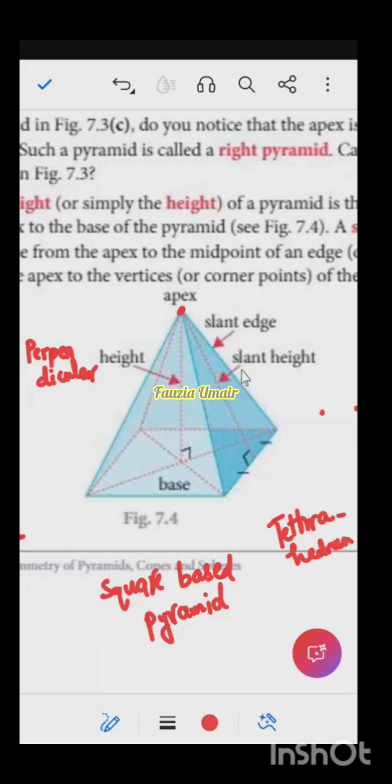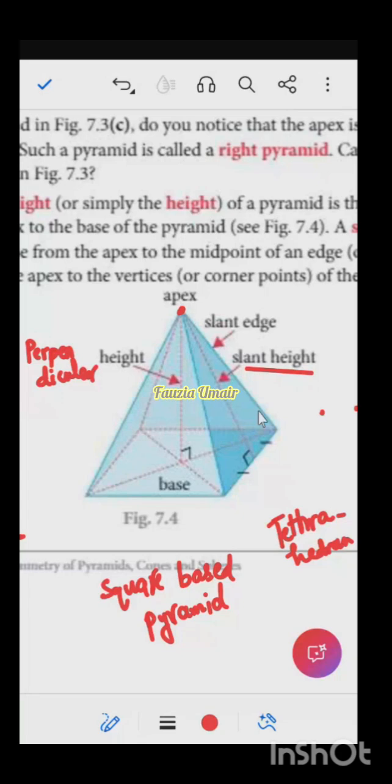Okay. So there are two heights in the pyramid. So this is the base. So usually we use this keyword base area, which means the area of the shape which is there in the base, right? So apex is the highest point. Perpendicular height is the height inside the pyramid, and slant height is the height which is on the slanted side.